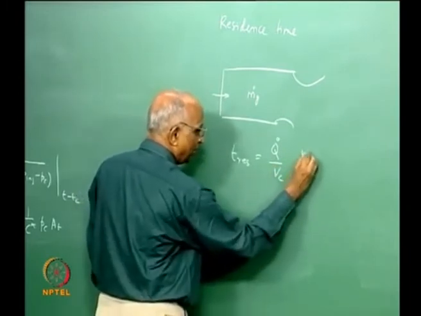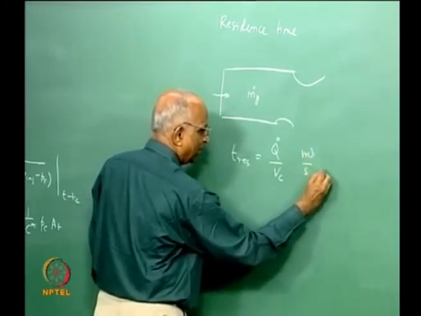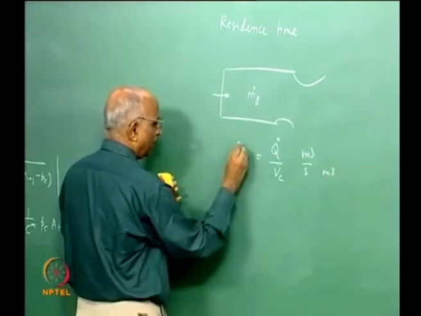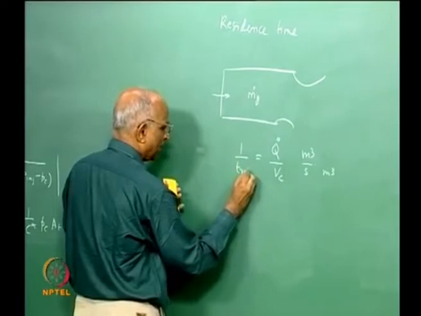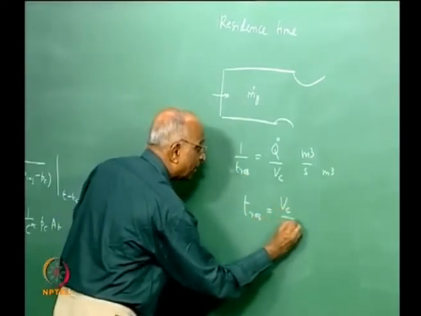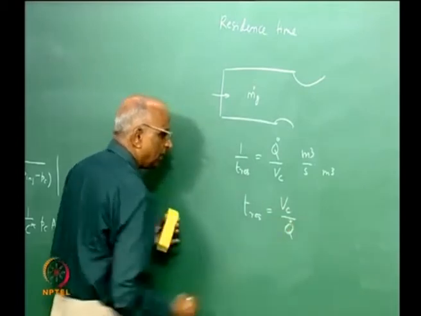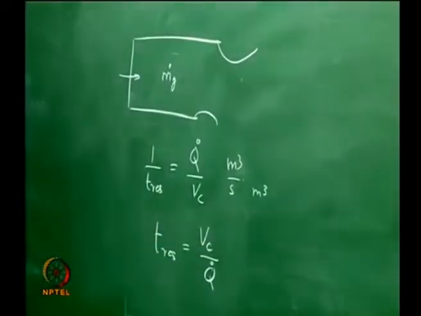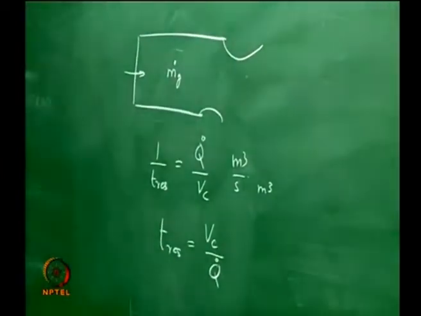If I put it down, it is meter cube by second divided by meter cube. No, it must be 1 over T residence, right? Or rather, T residence is equal to Vc by Q dot, the rate at which mass is getting generated in the chamber divided by the volume of chamber, is the time the gases spend in the chamber.